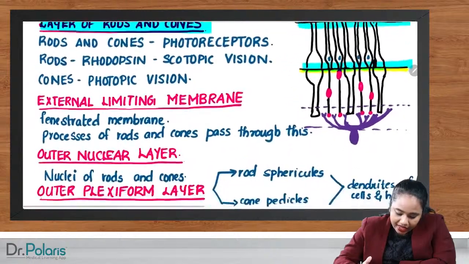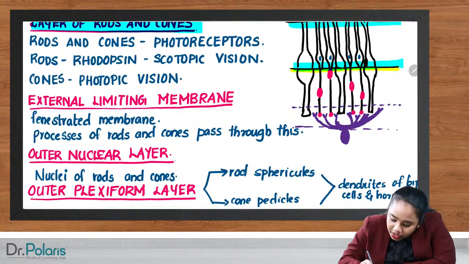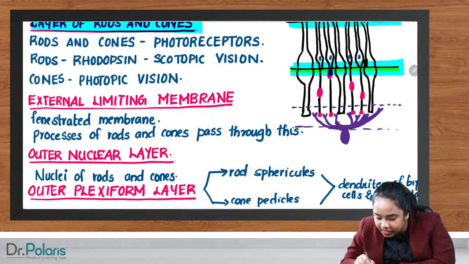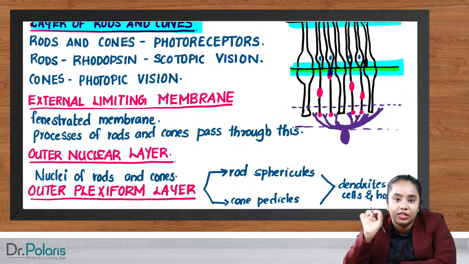Now the third layer is the external limiting membrane. Here you can see one yellow colored layer, marked in green now. That is the next layer, the external limiting membrane. It is actually a fenestrated membrane, with small holes, small gaps in it.